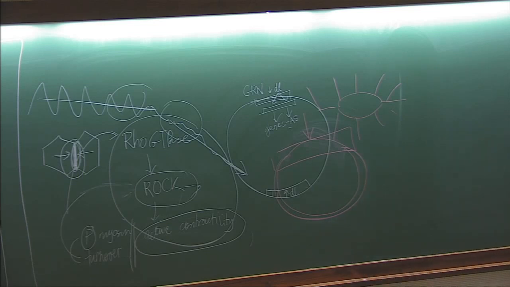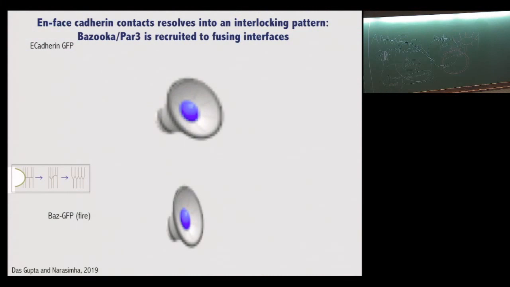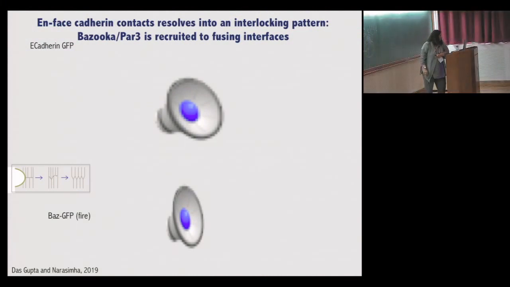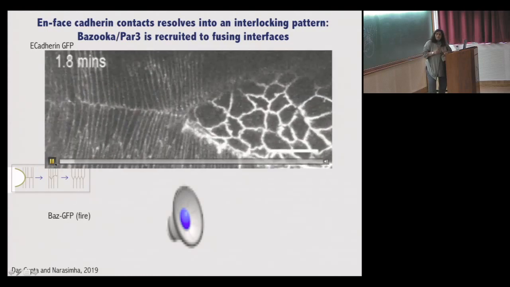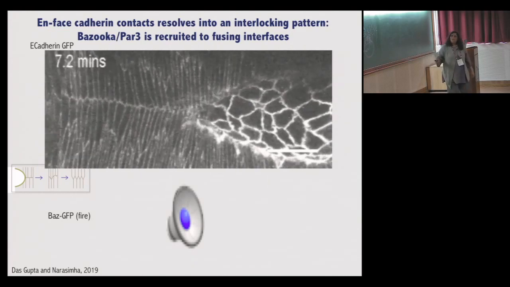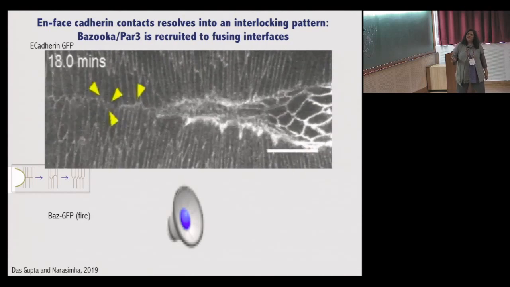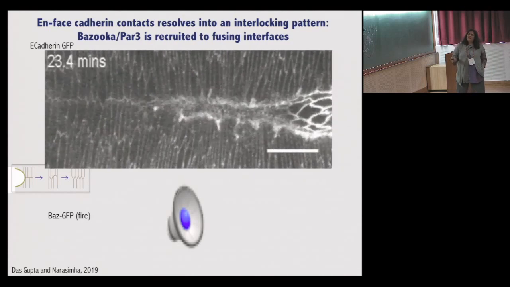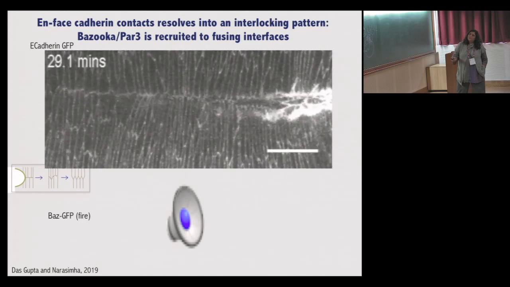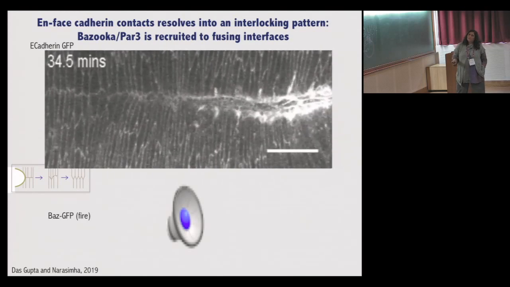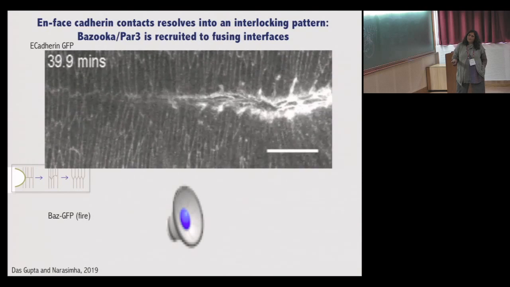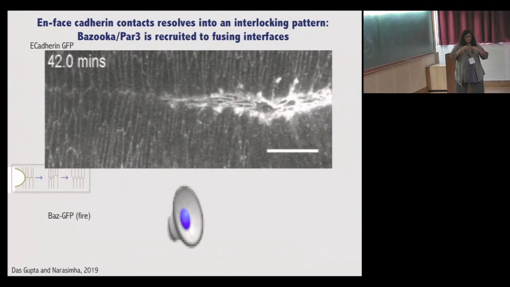So I'll just spend a few slides to draw a parallel to the second part of the second process I spoke about, which is germ band extension. And all I want to use this to say is, if you look at how the two sheets that were striped in the first movie I showed you actually meet up in the middle, if you watch the way these contacts are formed, what you will see is that initially the contacts form head on like this.